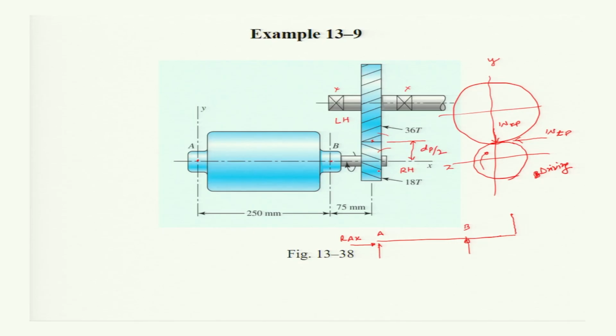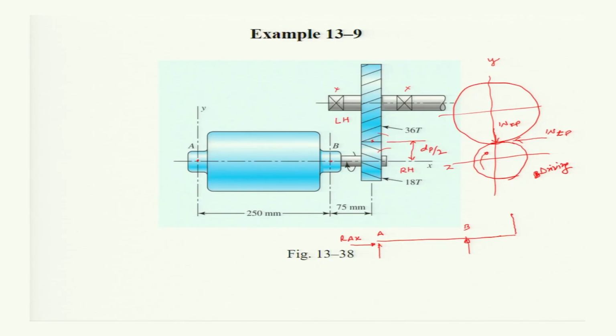For the right hand, the direction of the axial load is determined from the right-hand thumb rule. Curl the fingers other than the thumb of the right hand in the direction of rotation, then the thumb will give you the direction in which the axial load will act.